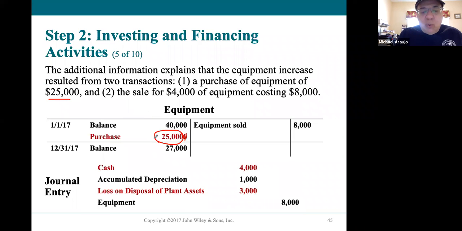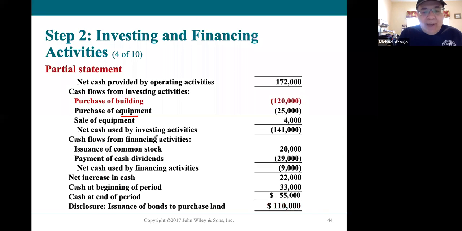And so when you looked at this, the equipment for $25,000 cash was a cash flow going out for the purchase of equipment. Again, it's property, plant, and equipment. Building and equipment, property, plant, and equipment, that's an investing activity. Those types of assets are investing activity.